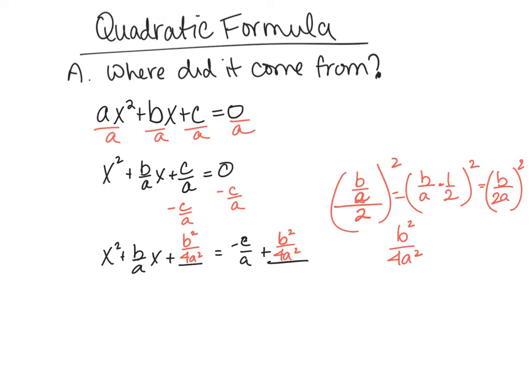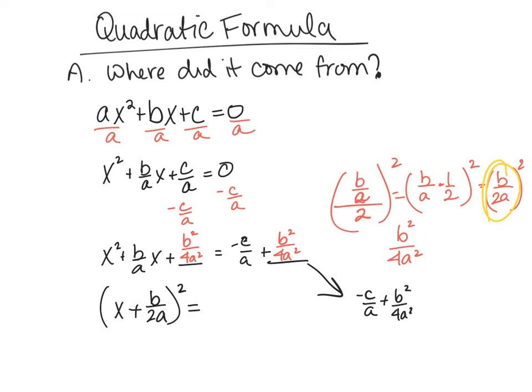Now, this side is a perfect square, and remember, this is how it factors. So this is x plus b over 2a, squared. And then I need to combine these two fractions. I have negative c over a plus b squared over 4a squared.